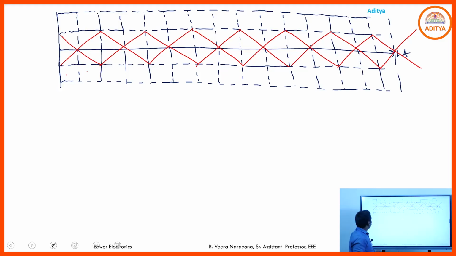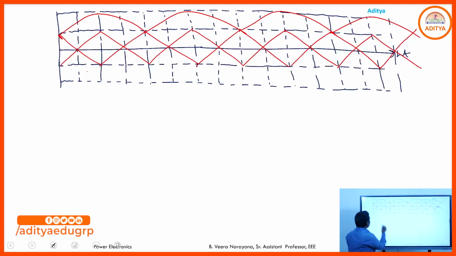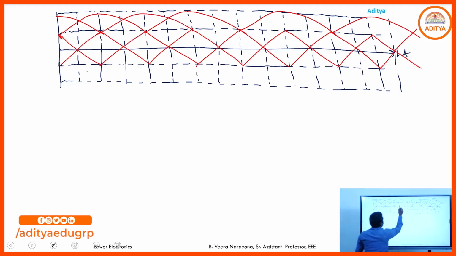After that, you join the alternate peaks. That means from this you ignore this one and this one, alternate peaks like this. And from this you ignore this one and the next one, like this. And after that this one, this one. And similarly here, alternate peaks you just join.